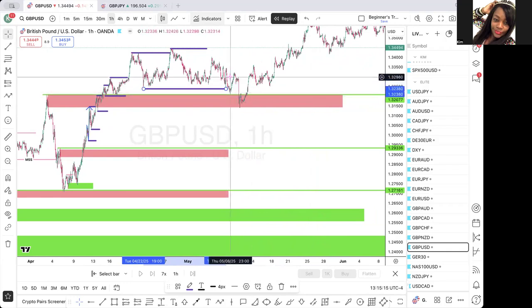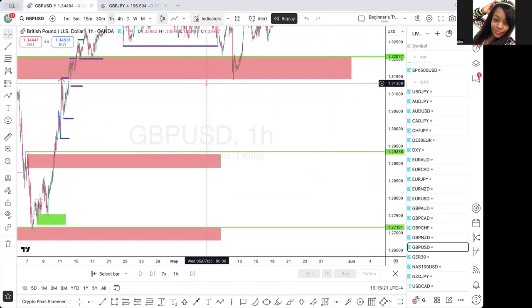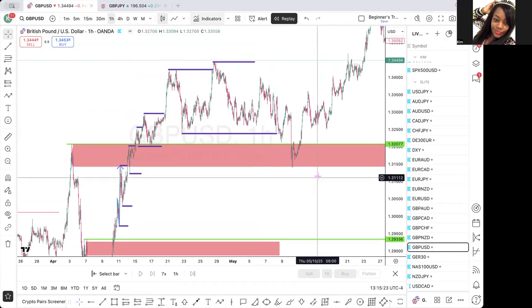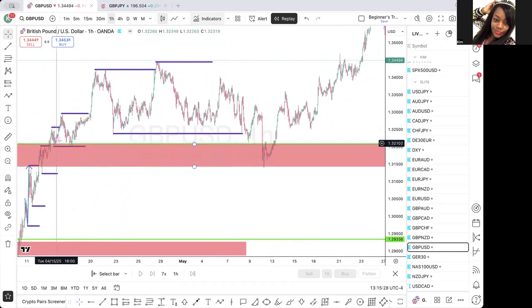So I would have been looking for price to pull back into, I would have been looking for price. And this is the same one we just looked at. Remember, price broke on the daily, it broke and pulled back and retested right here.